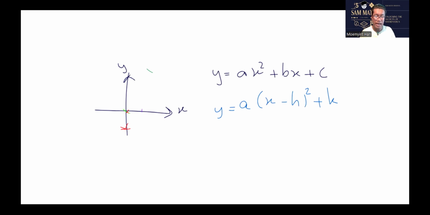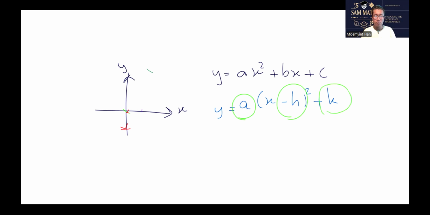By looking at the coefficient a, we can see whether the graph will be upside down, or downward. By looking at h, we can see how the graph will move along the x-axis. By looking at k, we can see how the graph will move along the y-axis.